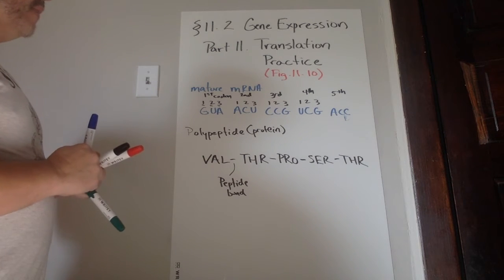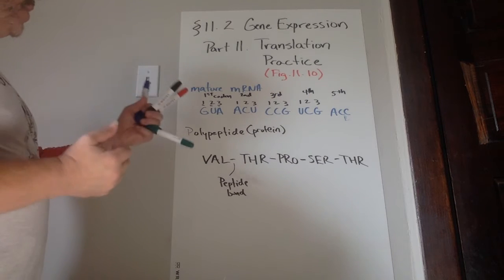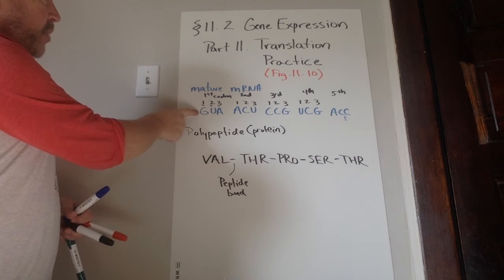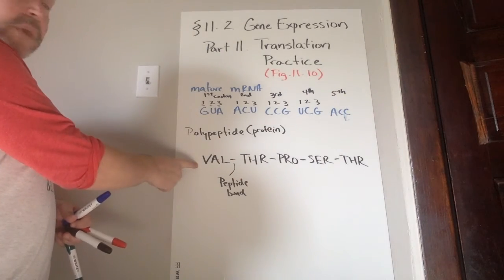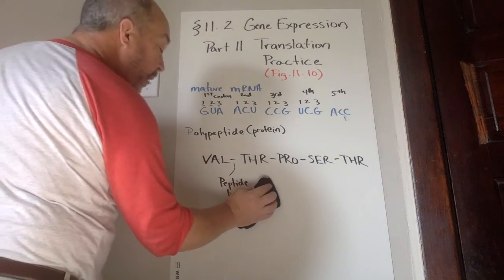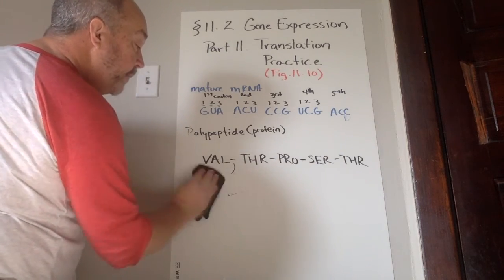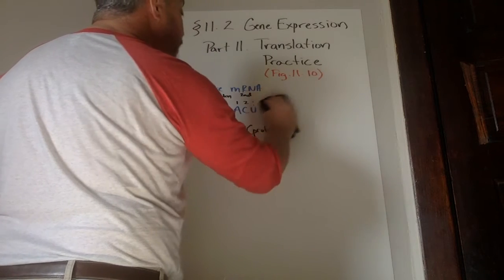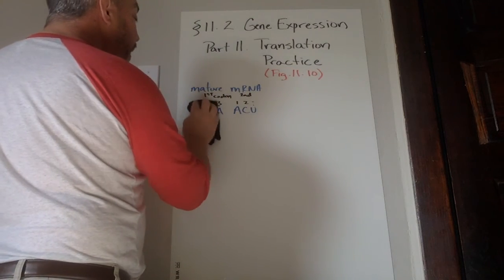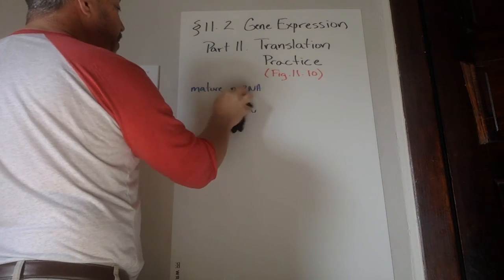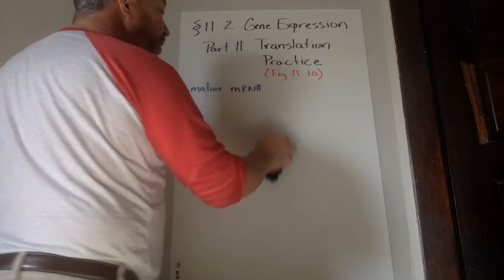So part of today's topic is going to be translation and actually using this chart to show how you go from the mature mRNA to the actual protein. So let's do another one, and this time we'll have a stop codon in it so that you can see how that works. Otherwise, on an exam I'm just going to be picking random letters. It may or may not have a stop codon. I just pick bunches of letters.